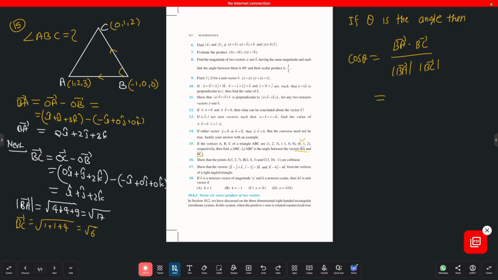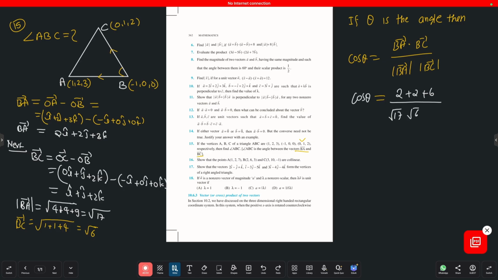BA dot BC: 2i 2j 3k dot i plus j plus 2k. 2 into 1 is 2, then 2 into 1 again 2, then 6. Upon mod BA root 17 times root 6.